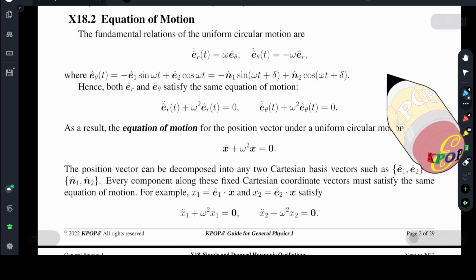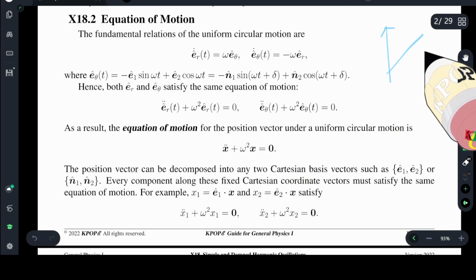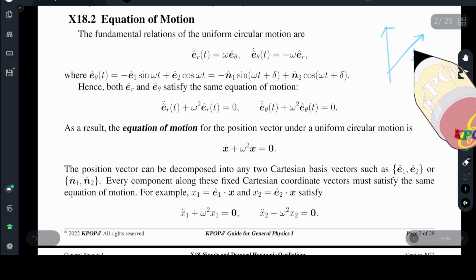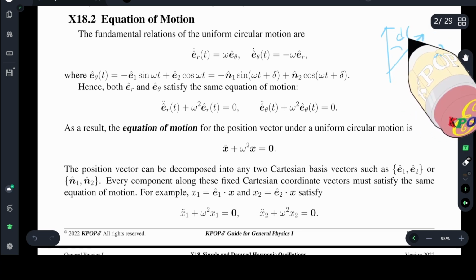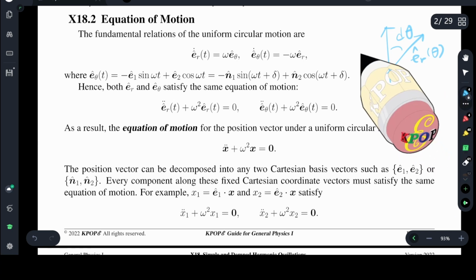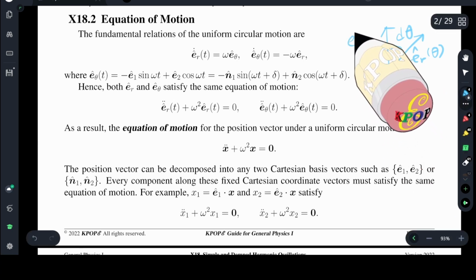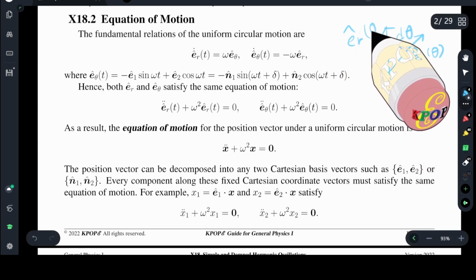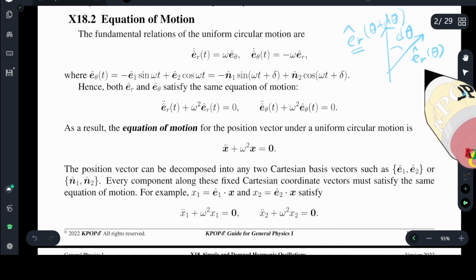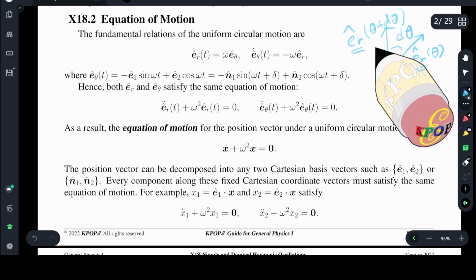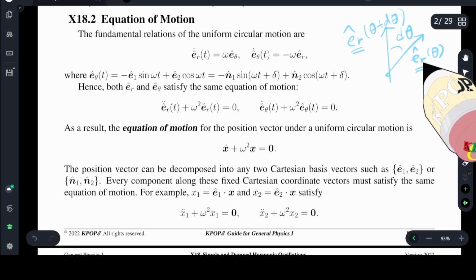The unit radial vector rotates depending on the angle, and if we increase the angle by differential d theta, then this becomes theta plus d theta. So even though the name is the same, the actual value of these vectors depends on the angle.